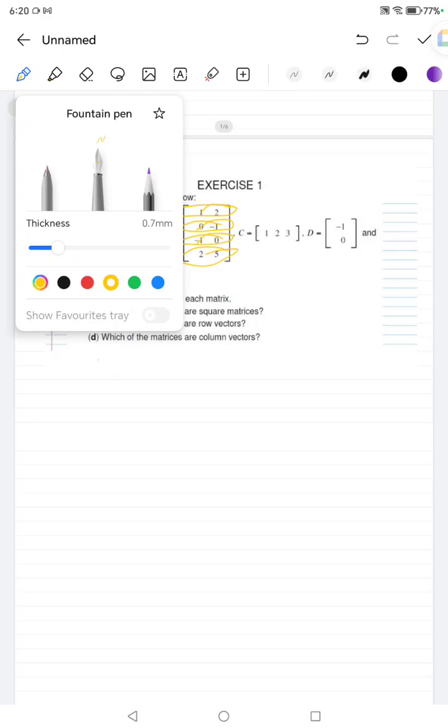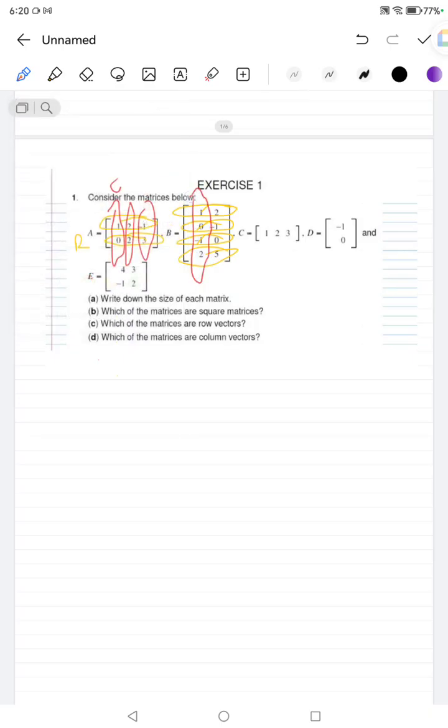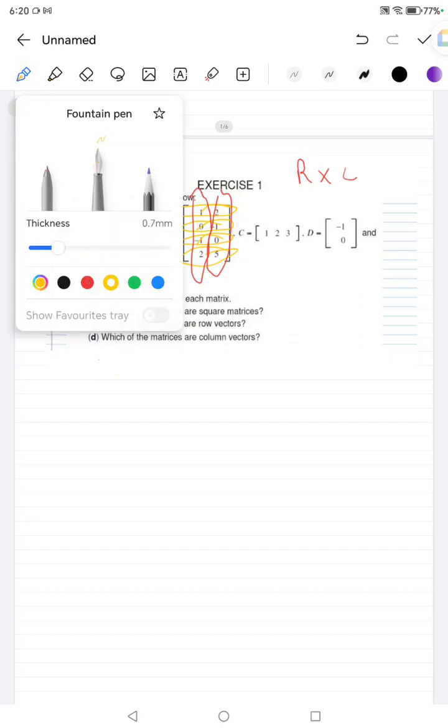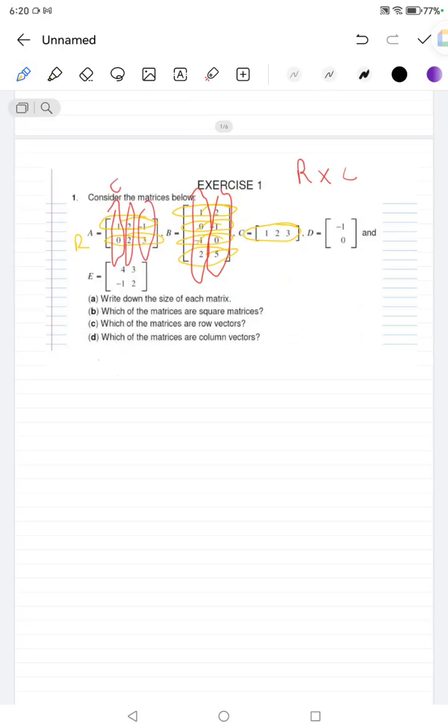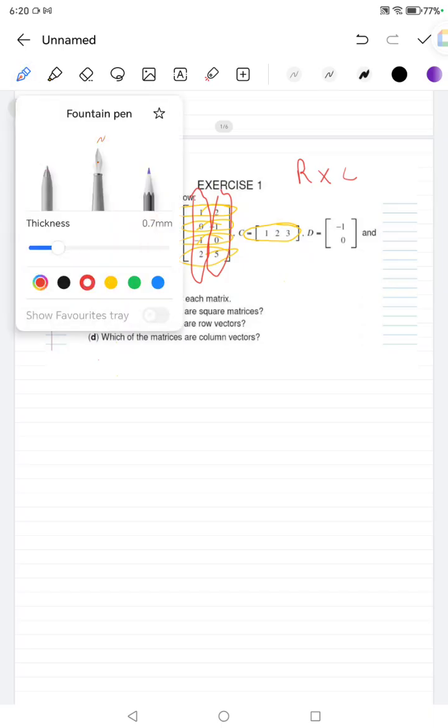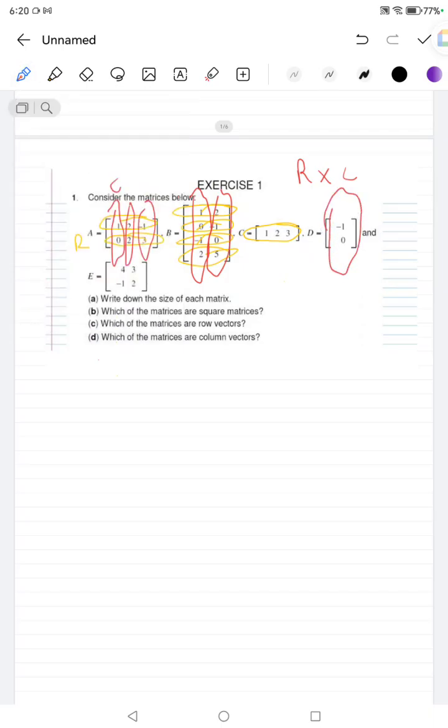So remember, it's your rows times the columns. Then on this side we only have a row, and this side we only have a column.